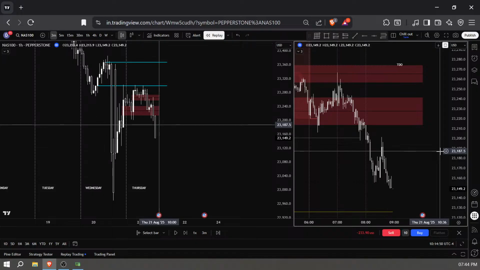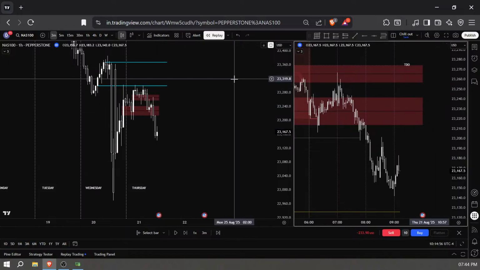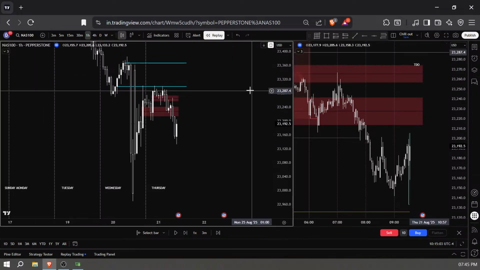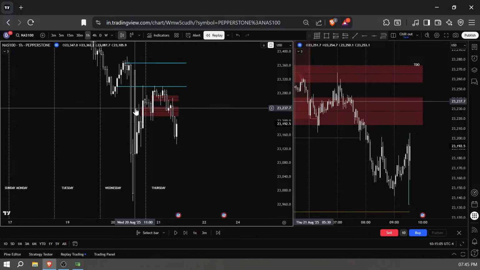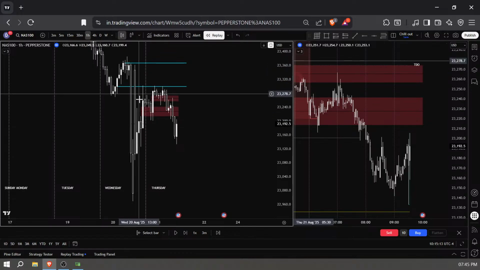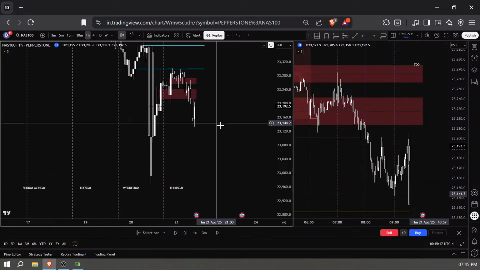Coming back to this area, oh, there is this big ass gap here. Okay, it closed here and opened here. I don't know whether it's a glitch or whatever, but either this is an FVG or a gap, something should be there.